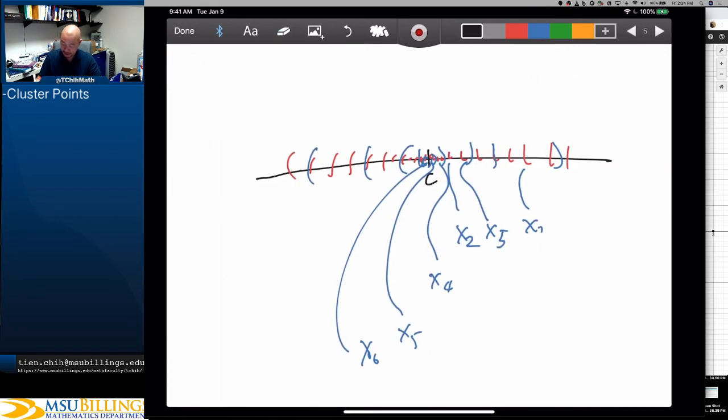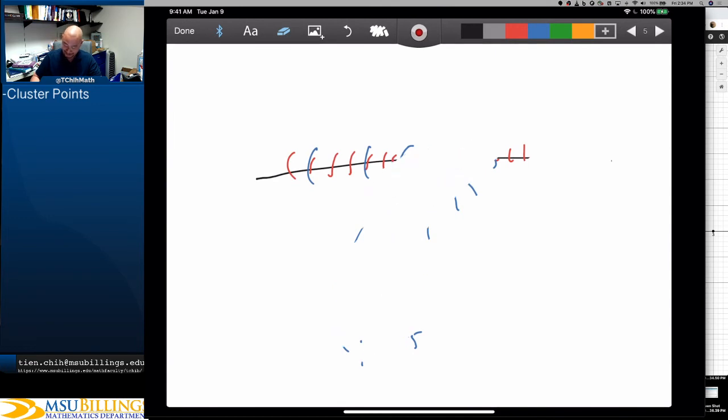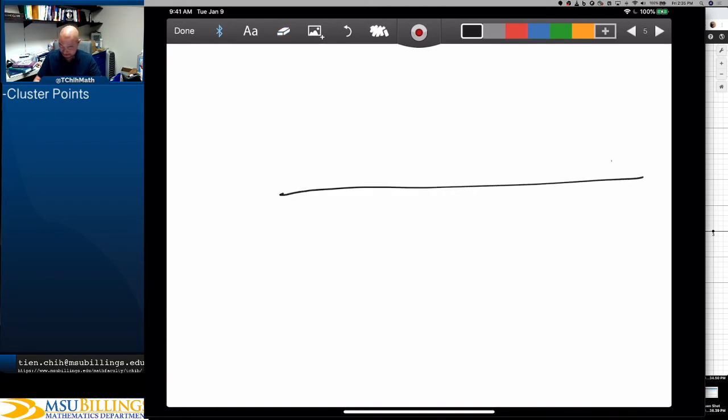Reverse direction. In the reverse direction, what we have instead is a C and there's a sequence of S stuff converging to C. Now note S could contain a lot more things than just this sequence, but we don't necessarily care about all of those things.